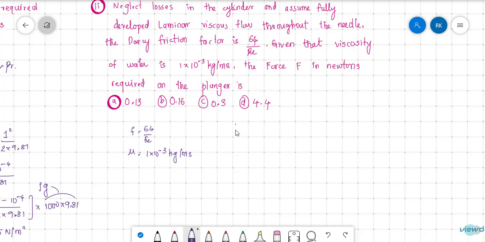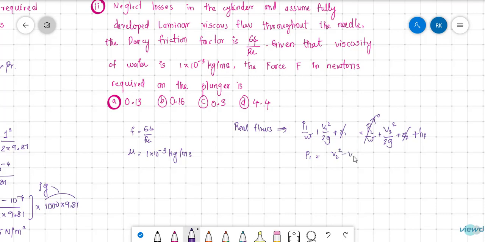So for real flows, Bernoulli's equation is P1 by W plus V1 square by 2G plus Z1 is equal to P2 by W plus V2 square by 2G plus Z2 plus head loss. So Z1 and Z2 are equal since this is a horizontal one. P2 by W will be 0 since it is atmospheric pressure.